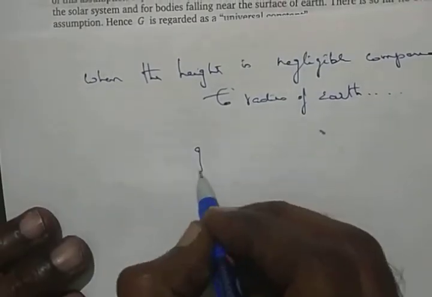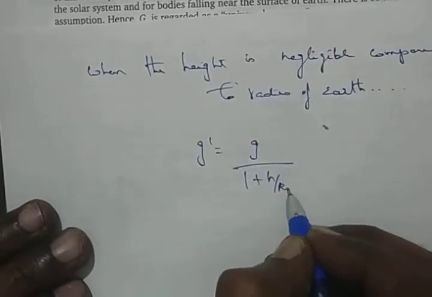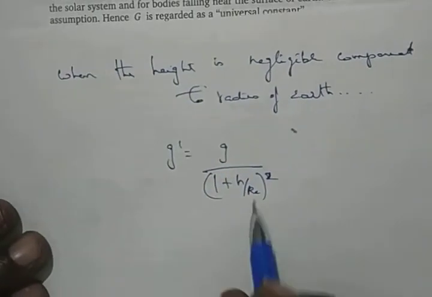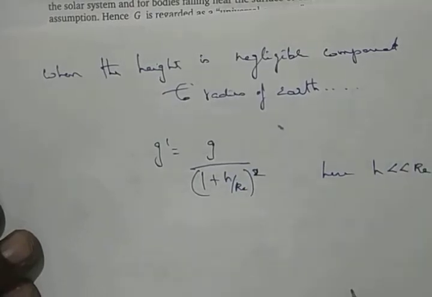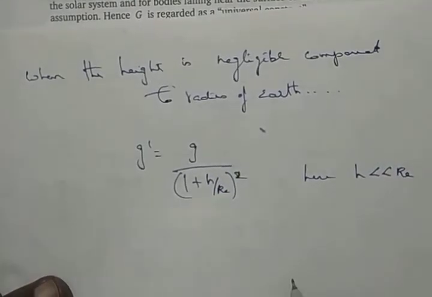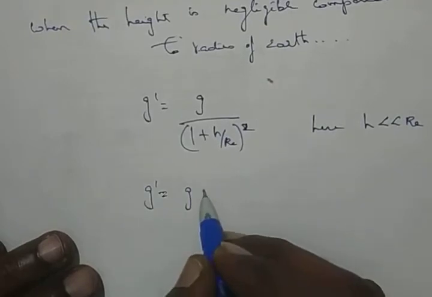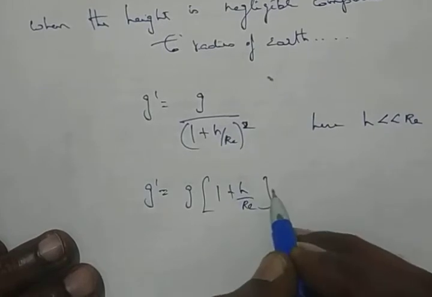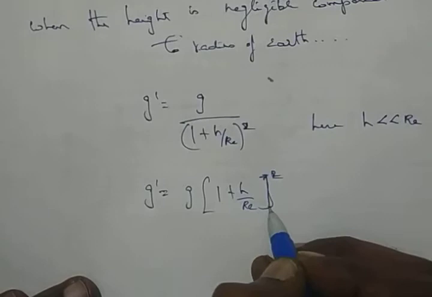Now we'll again write the same value here, g upon 1 plus h upon re the whole square. Now here height is less than re, very less, negligible when compared to the radius of the Earth. So g dash is equal to g times, take this to the top, 1 plus h upon re the whole square, with power minus 2 because it has gone up.